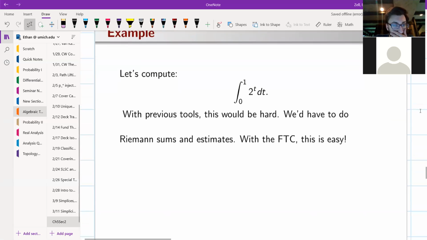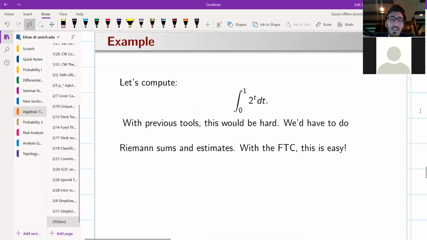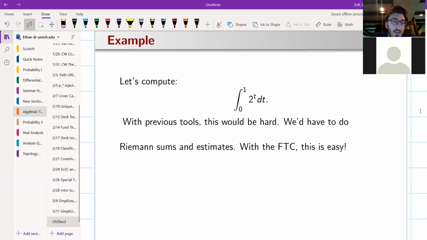We have some examples. So I like this example because this would be quite hard to compute with other tools, right? We can do it with approximations, it's definitely true, but this would be pretty tedious. And we want to do this the best way we can. And if we are able, we want to get an exact answer. And in this case, we definitely can. So here's our integral that we're looking to solve.